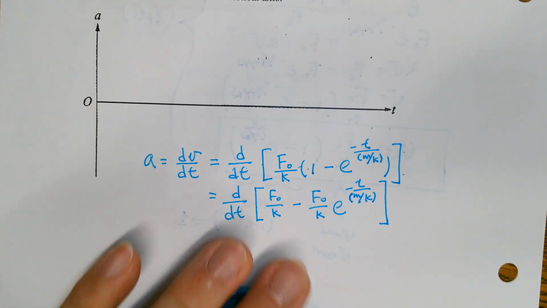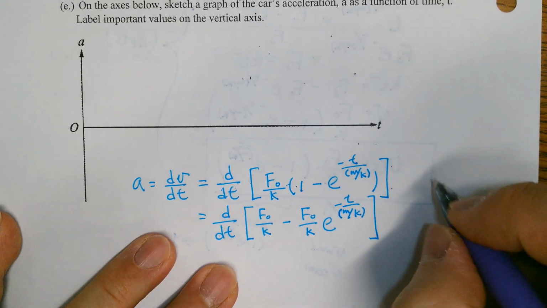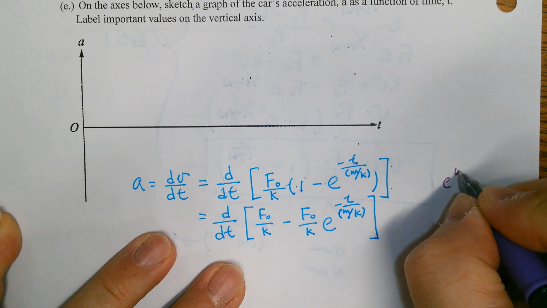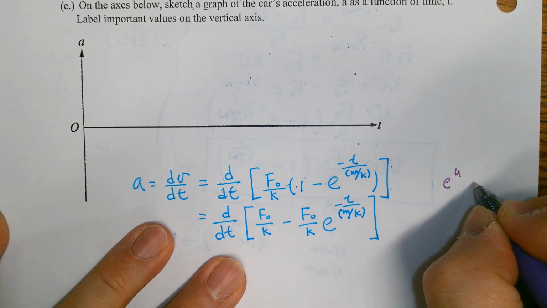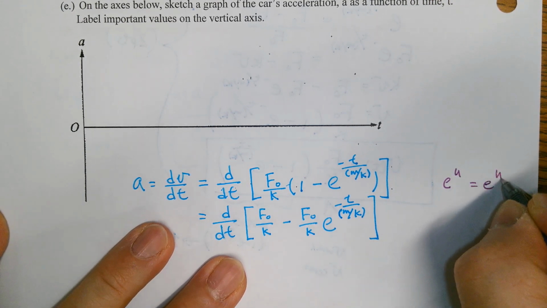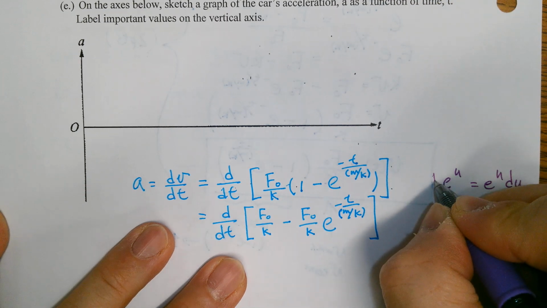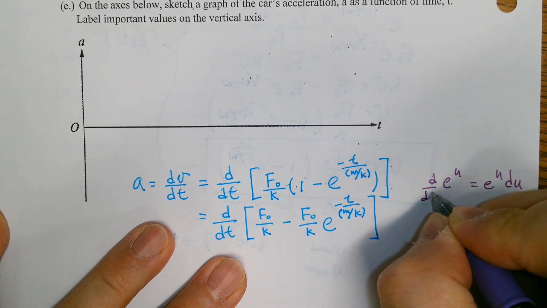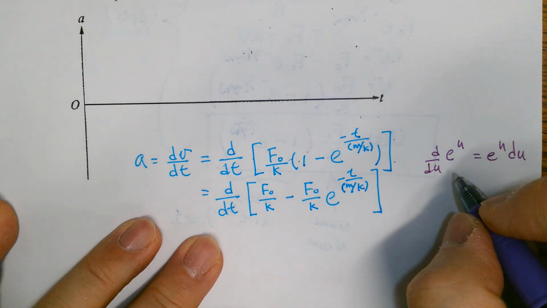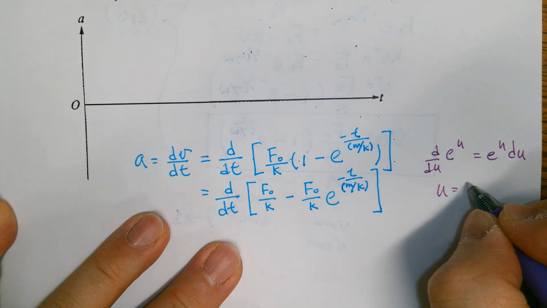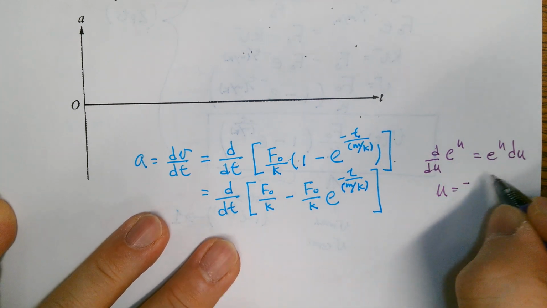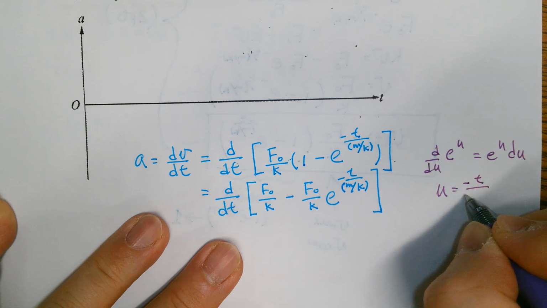You could set your u, so e to the u, as e to the u du. Your u is equal to negative t over m over k.